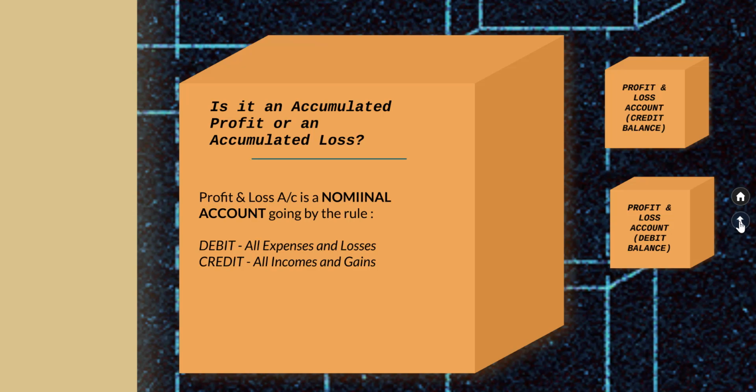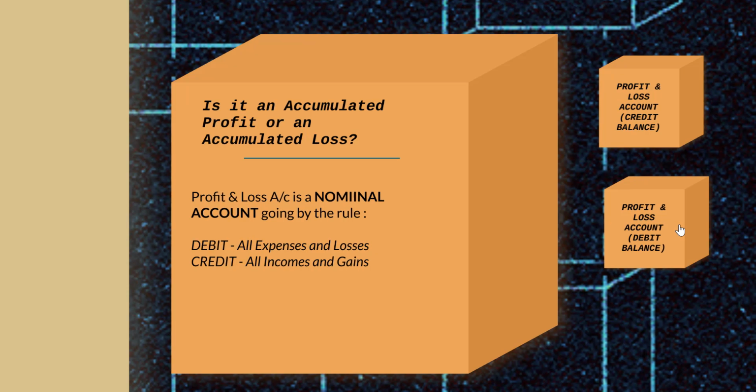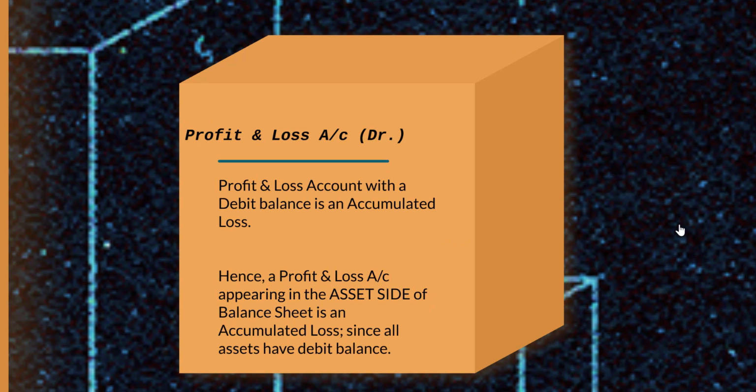Now the reverse applies for an accumulated loss. A profit and loss account which has a debit balance as per the rule refers to accumulated loss. Now such a profit and loss account balance will appear in the asset side of the balance sheet since all assets have debit balance.